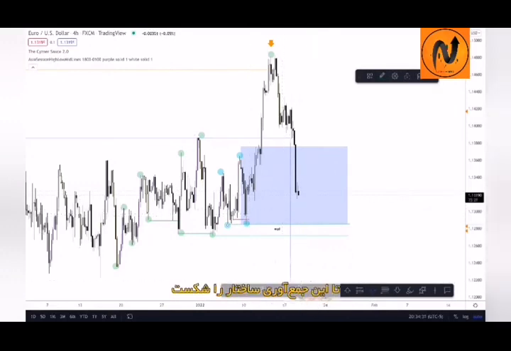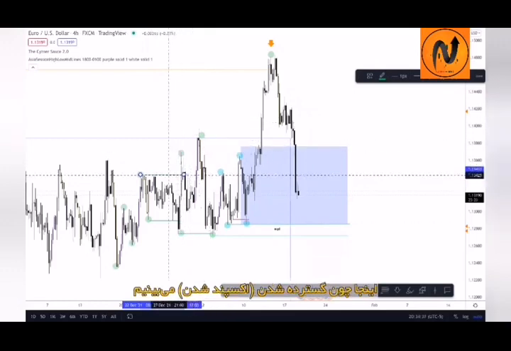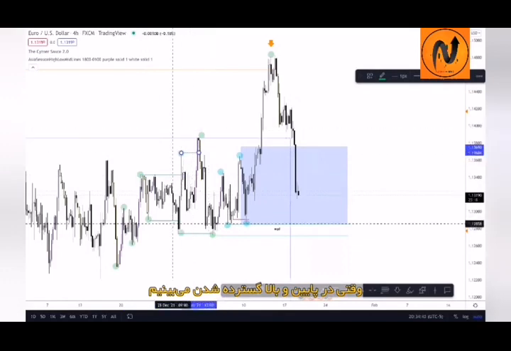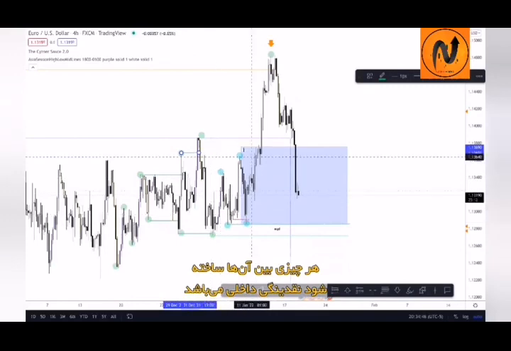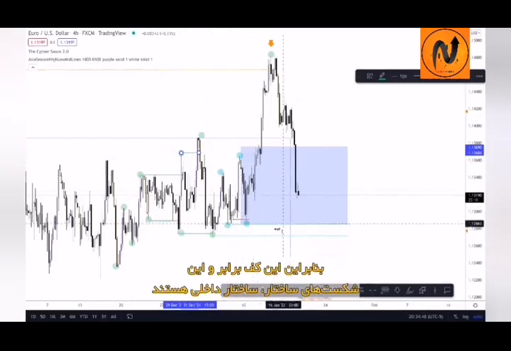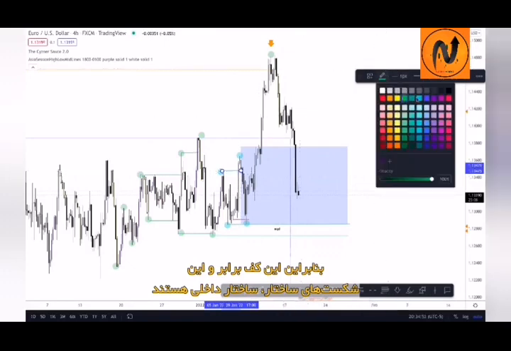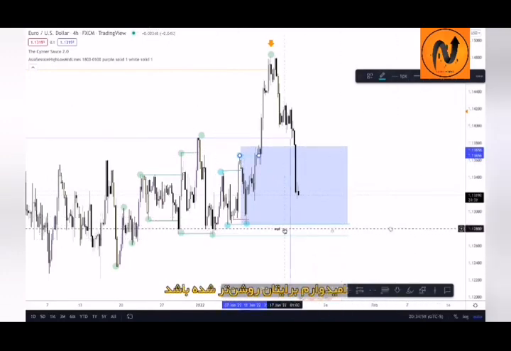It wasn't until this sweep down here, break of structure, and this sweep here that formed the new external liquidity. So as we see this expanding up and this expanding down, that becomes the external liquidity. Everything building within it becomes the internal liquidity. So this right here, the EQD, and these breaks of structure are actually internal structure to this external structure here. Hopefully that clarifies things a little bit more for you guys.